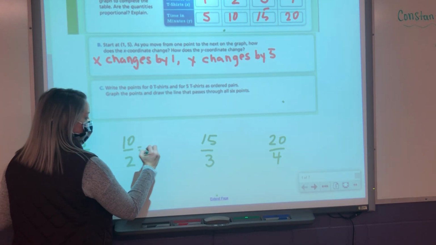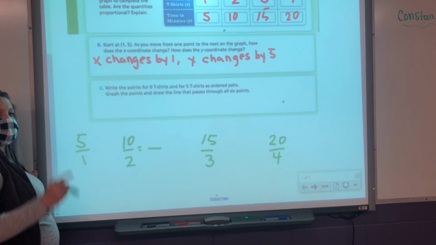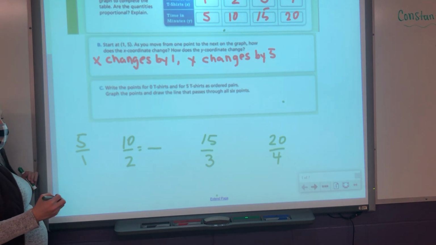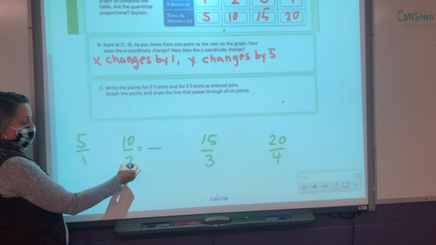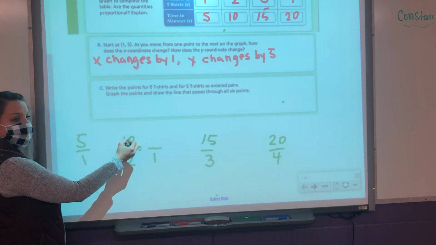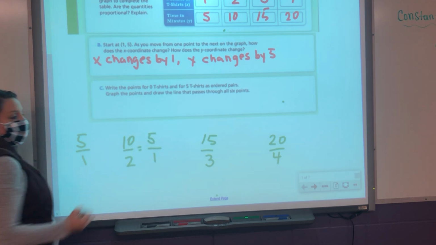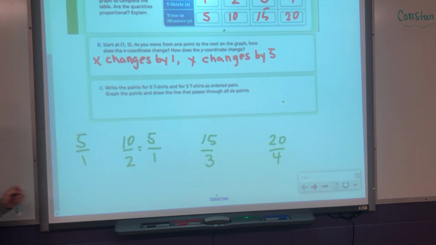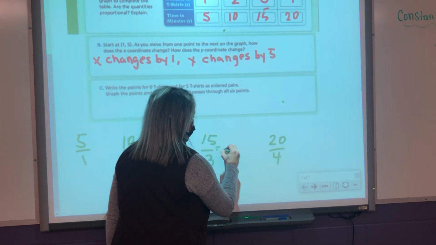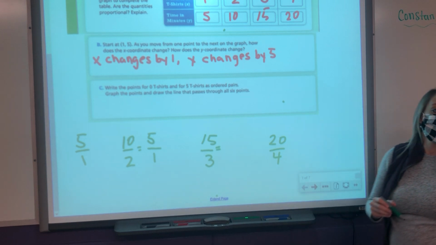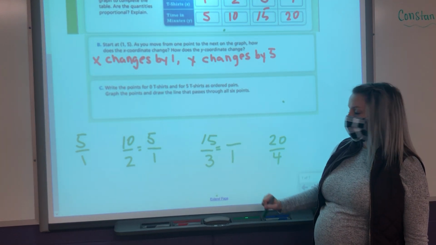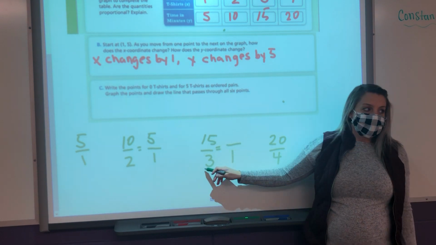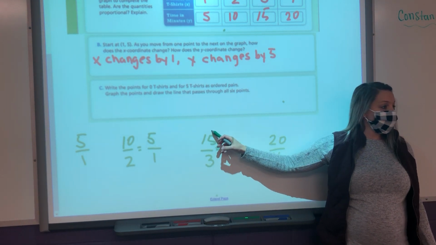What about 10 over 2? Zach? Okay, so divide by 2, divide by 2. 2 divided by 2 is 1. 10 divided by 2 is 5. Are we proportional? What about the next one? What do 15 and 3 have in common? 3. 3 divided by 3 is 1. 15 divided by 3 is 5.